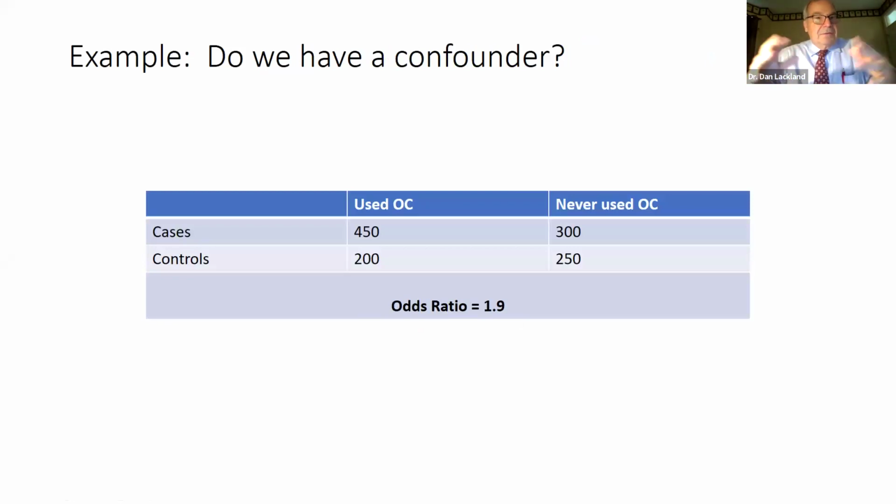If we look at it purely off of the total amount, using oral contraceptives, never using oral contraceptives, and building this forward and looking at our groups right here, we come up with an odds ratio of 1.9, basically almost a twofold greater risk of the use of oral contraceptives and the development of cervical cancer. That's a fairly big risk.